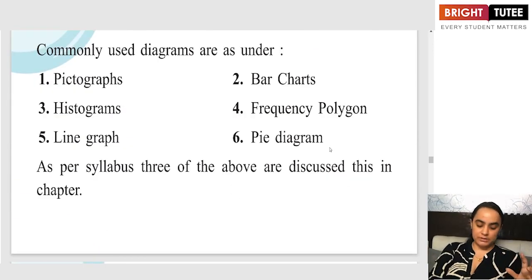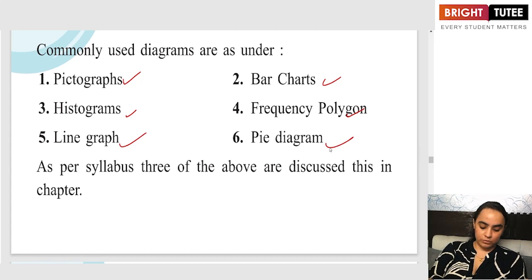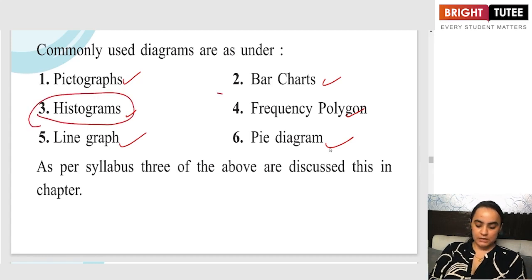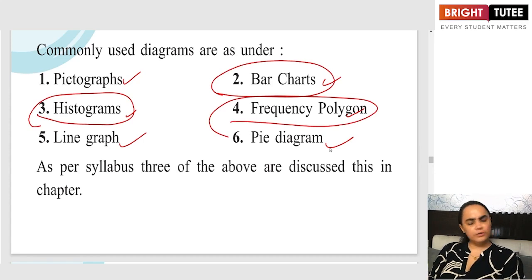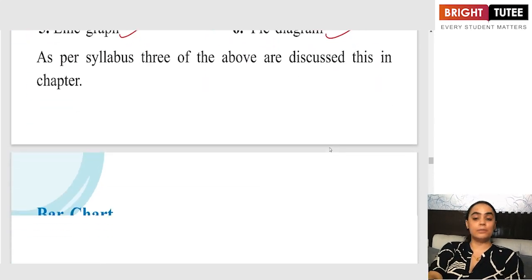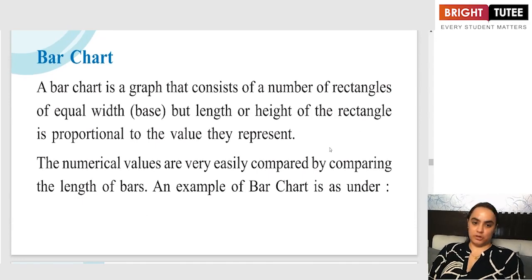The most common are pictograms, histograms, line graph, bar charts, frequency polygon, and pie chart. But for you people, we will only learn about histograms, bar charts, and frequency polygon. And all three of them, believe me dear students, are very, very simple to depict graphically.